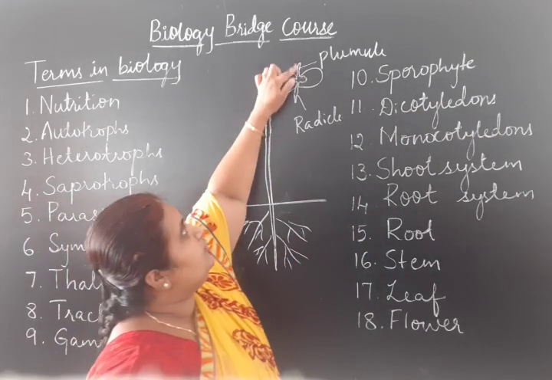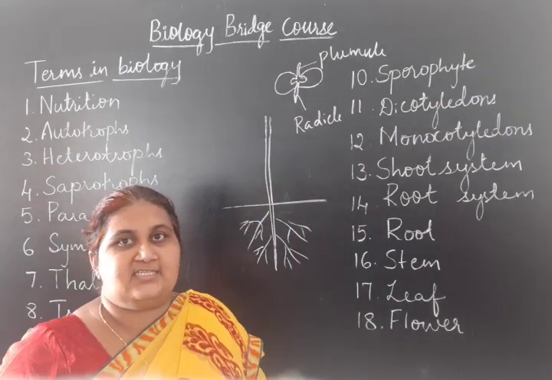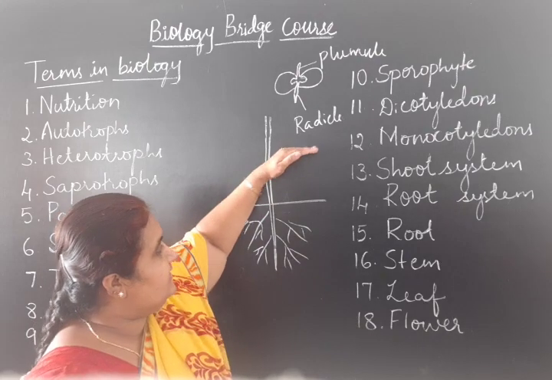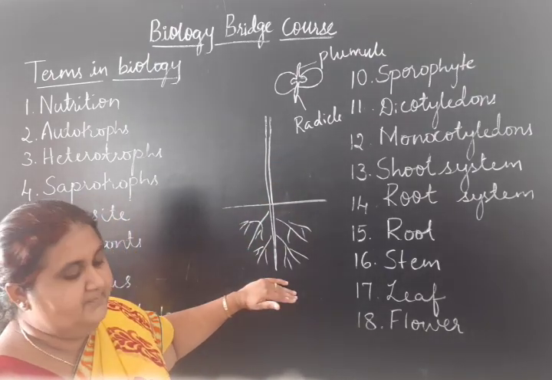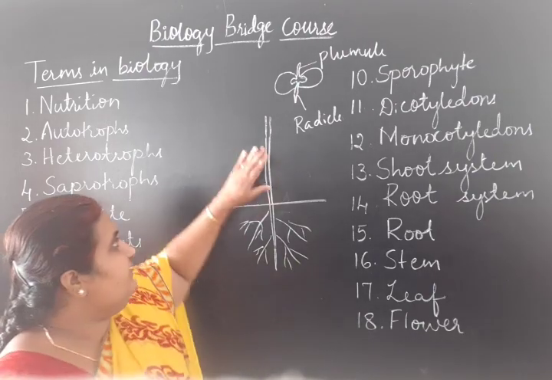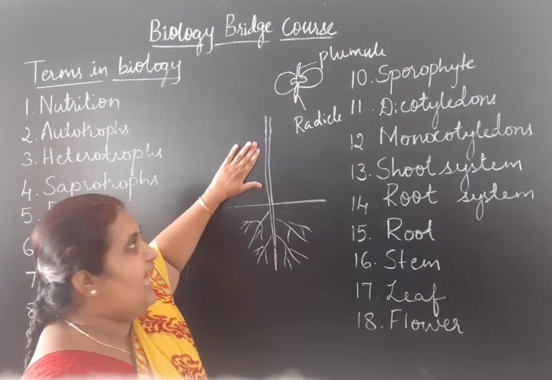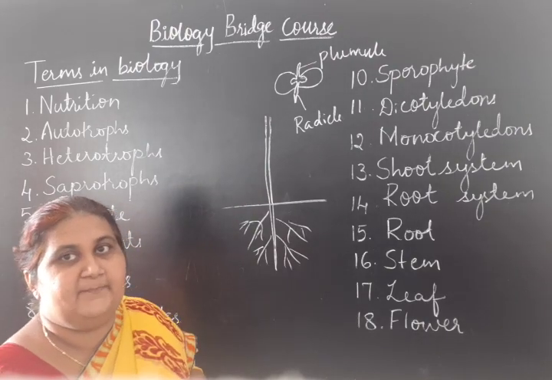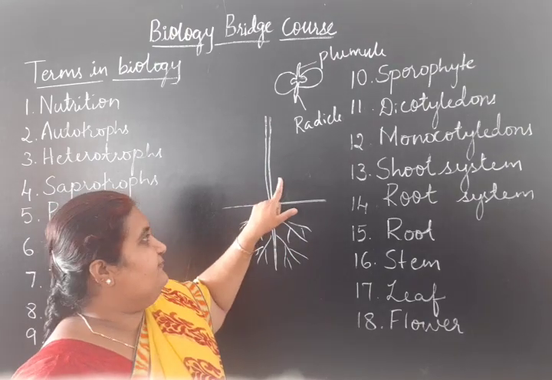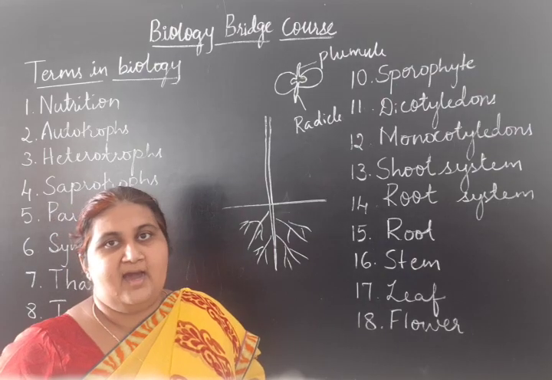The plumule gives rise to the shoot system, that is the stem, and the radicle gives rise to the root system.